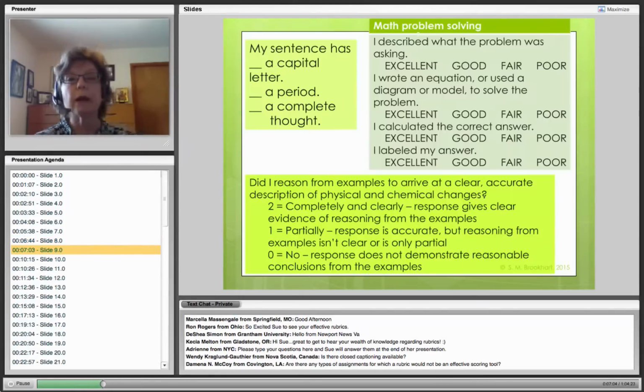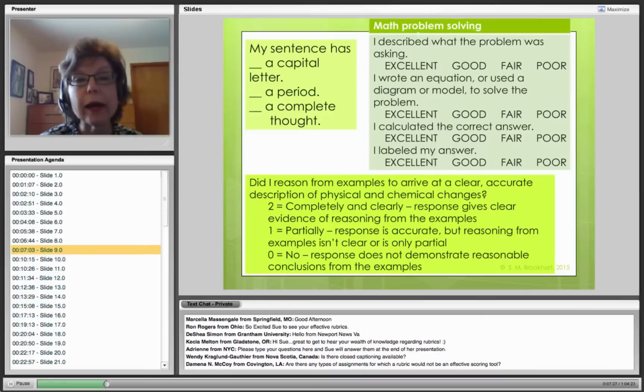So here's an example of a checklist, a rating scale, and a tiny but actually true rubric. I hope that you are looking at those now and trying to figure out which one is which. If there weren't 900 of you, I'd give you a little quiz on that, but there's too many of you to do that. The upper left-hand one is a checklist.